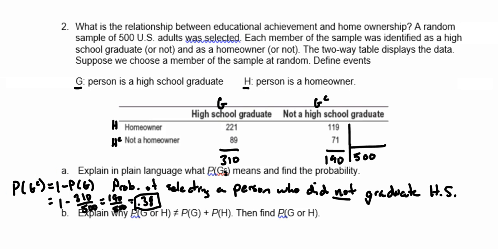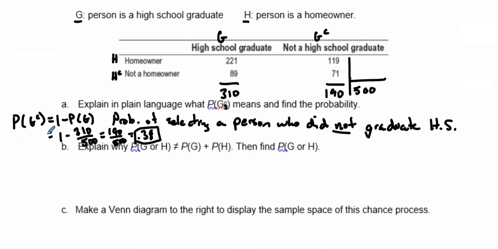Now, similar to our other example, explain why P of G or H does not equal simply the probability of graduating high school plus the probability of home ownership. Hopefully you're thinking that we can't do that.